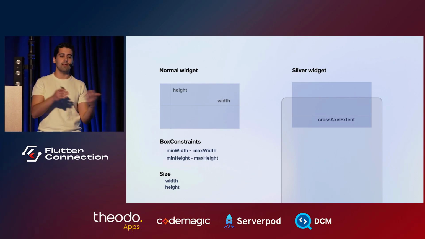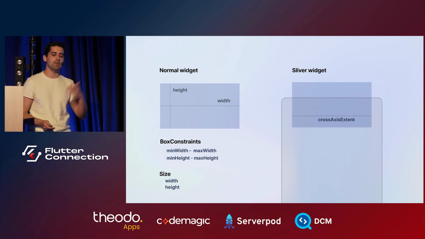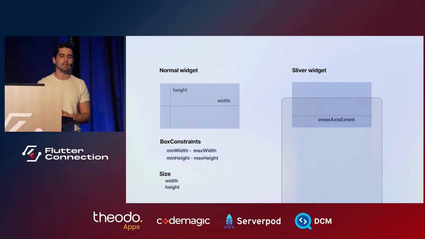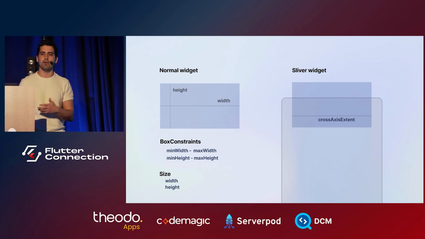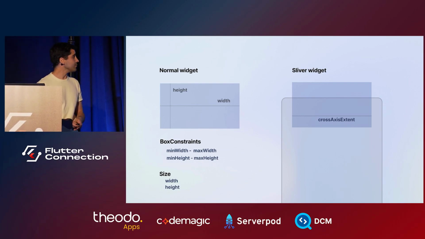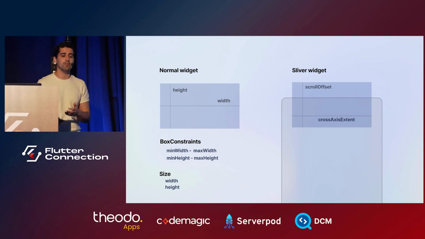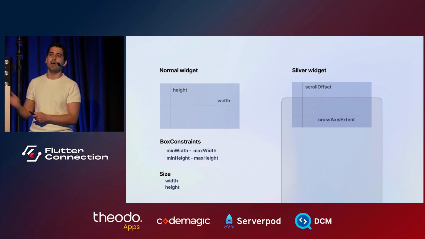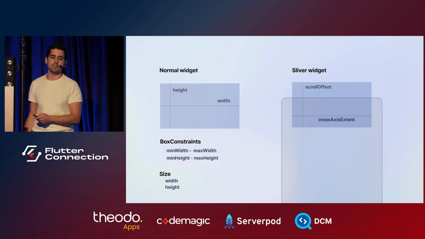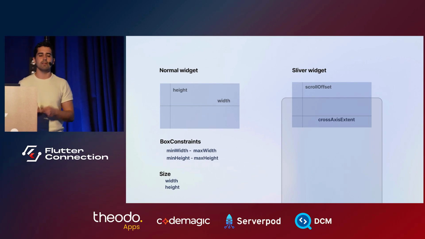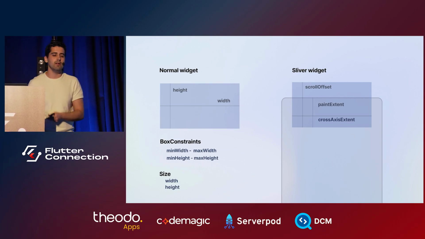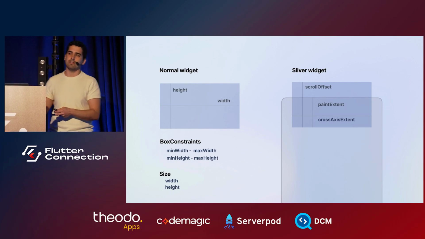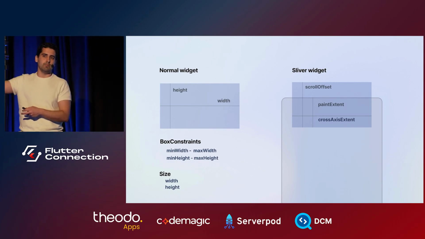So the width is going to be our cross-axis extent, and the height is always going to be the main axis extent, but we can extrapolate it to be horizontal as well. For the height itself, there is the scroll extent, how much this widget can scroll on the screen. Then we have other properties that define our sliver, for example how much is painted on the screen, the paint extent, and also the paint origin, where this paint starts.